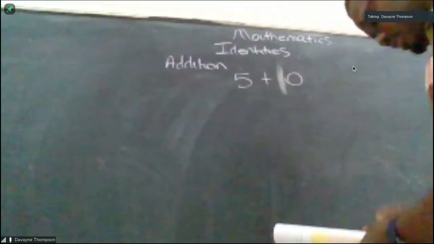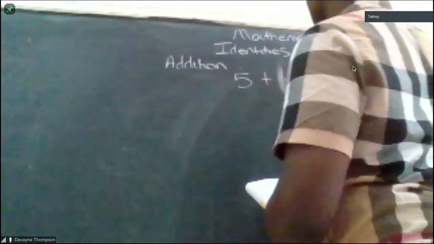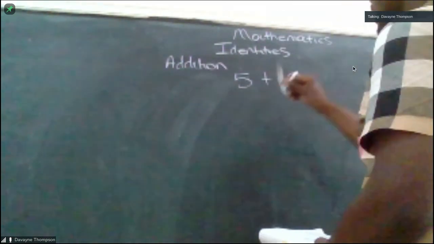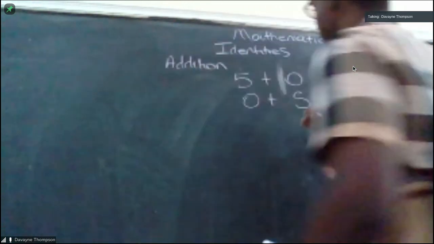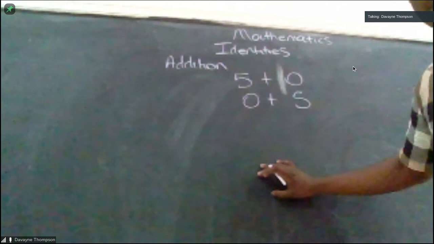Let's say 5 plus 0. 5 plus 0 can be written as 0 plus 5, and it doesn't change its meaning, right?